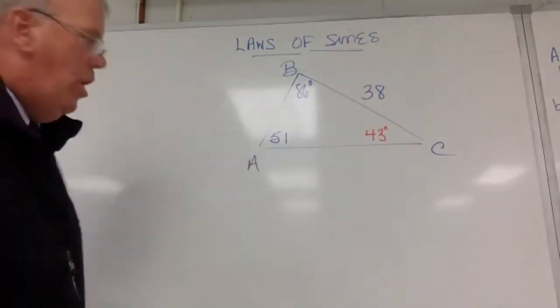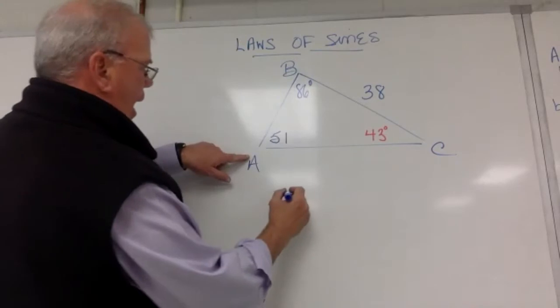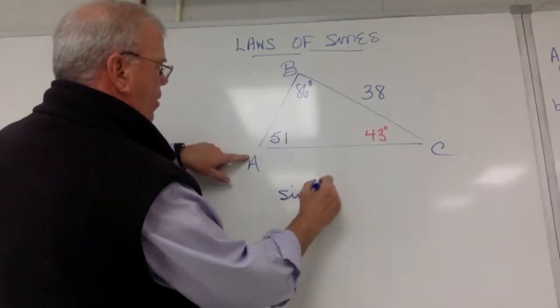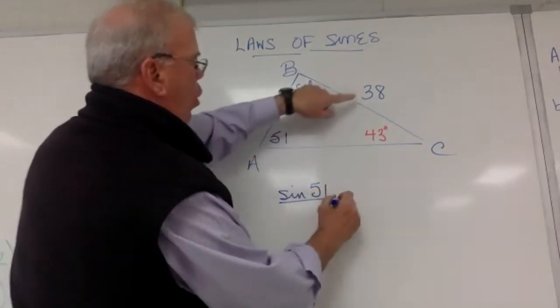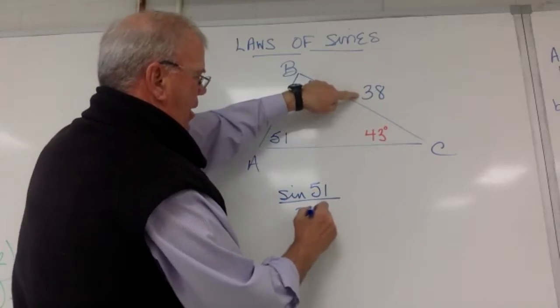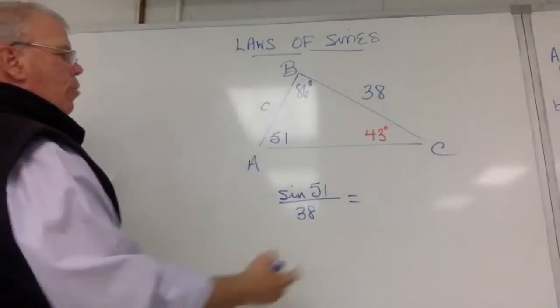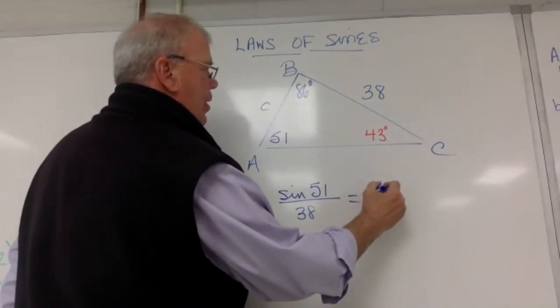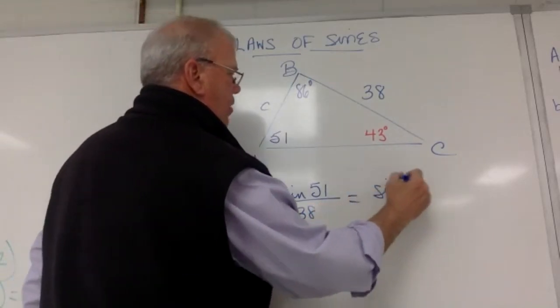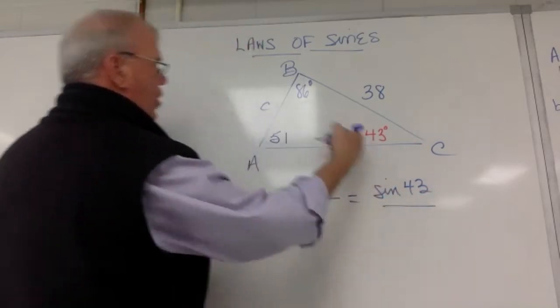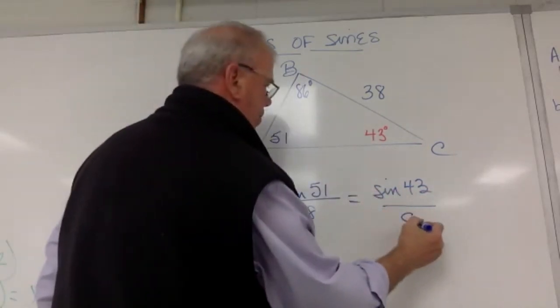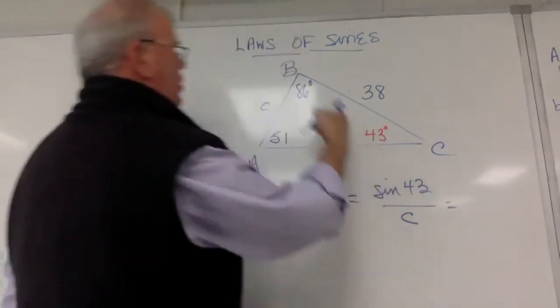So, what ratio can I set up? The sine of angle A over A has to be equal to, let's find C. Right? What would I write? Sine of 43 over C. What else can I write?